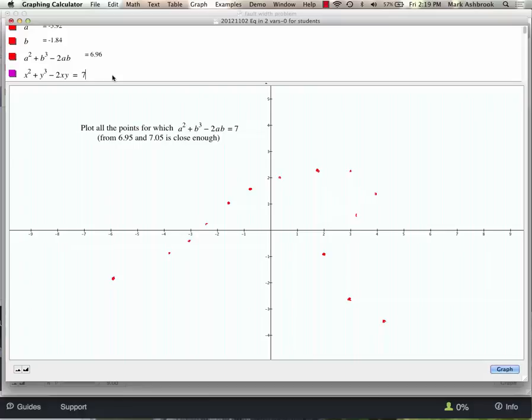So what happens if I graph this equation where x squared plus y cubed minus 2xy equals 7? It's going to give us all the points. Okay?